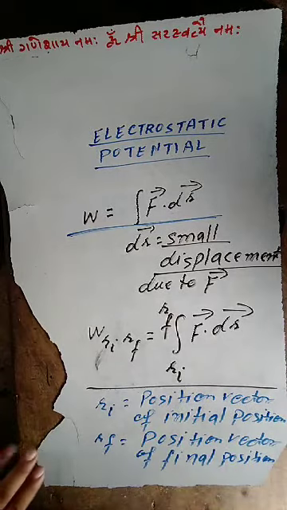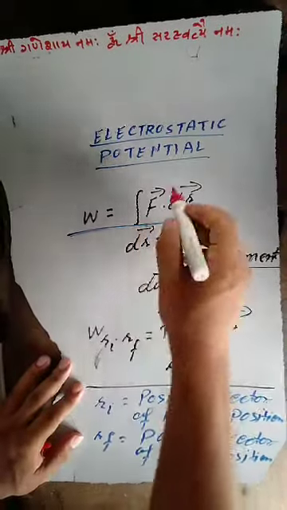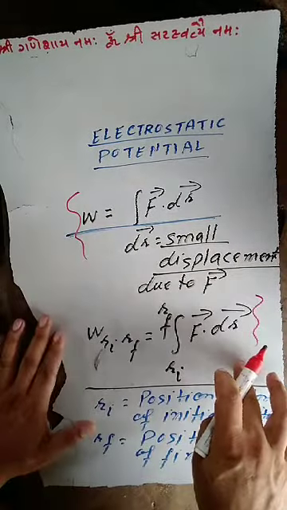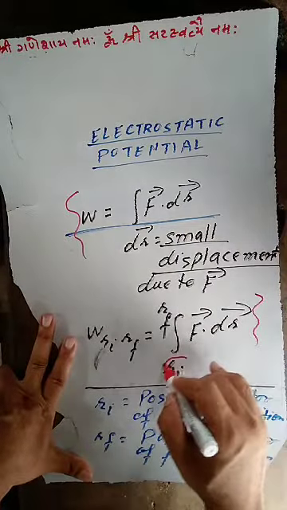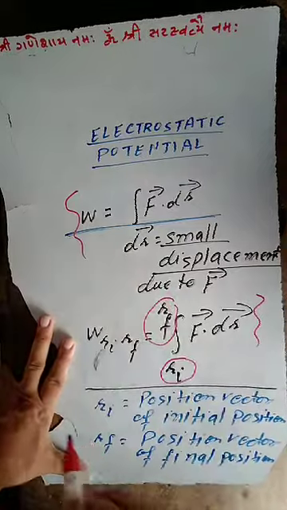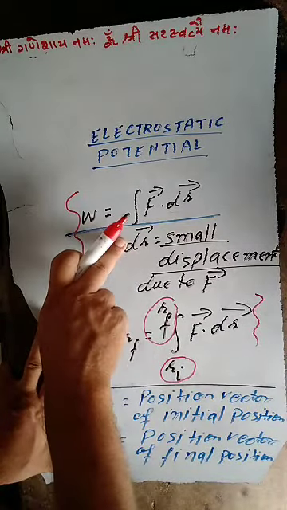Right? So here, what is the difference between this and this? Here it depends upon Ri, the initial, and Rf, the final position. But here, no point of reference has been mentioned.